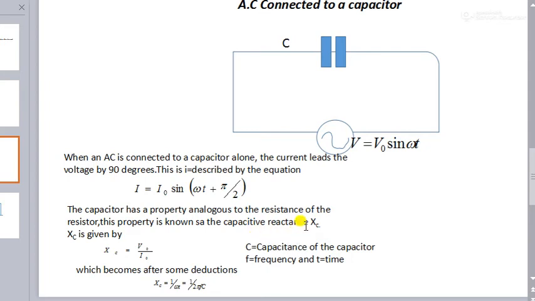While capacitive reactance is a kind of resistance, capacitance describes the ability of a capacitor to store charges. Of course, we know that a capacitor is a device that stores electric charges. So take note of that.